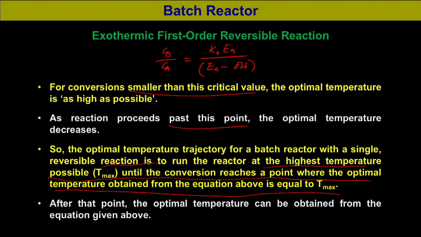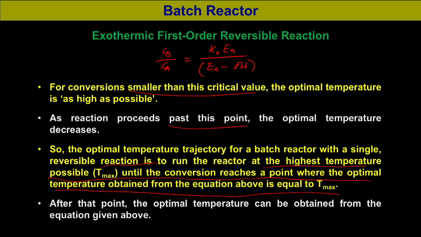That means, for conversion smaller than the critical value, that means Cb by Ca is equal to K naught Ea by Ea minus delta H, for conversion smaller than this critical value, the optimum temperature is as high as possible.